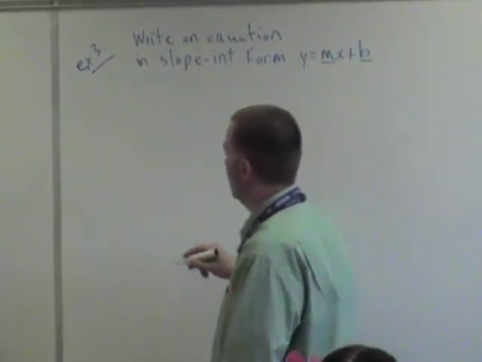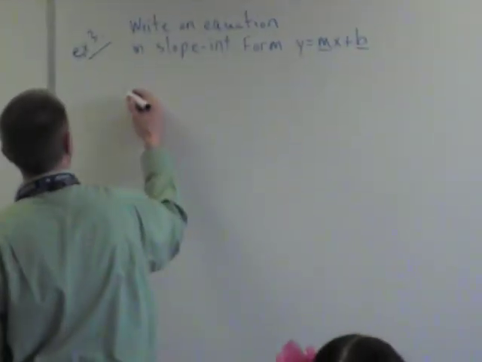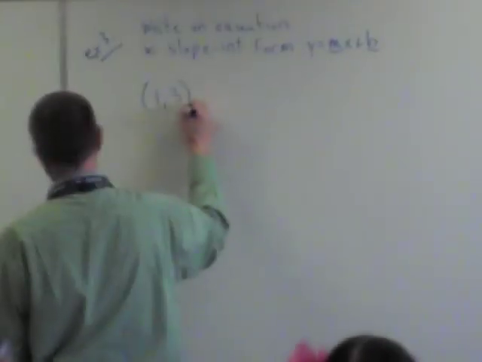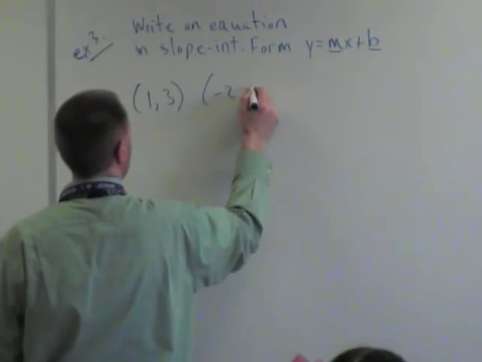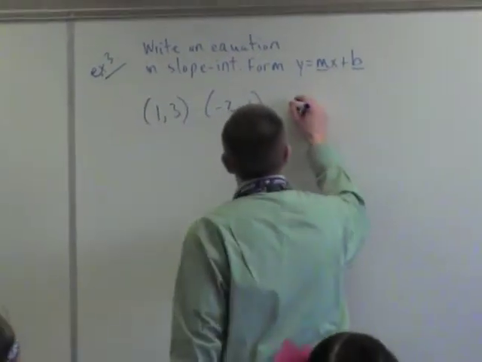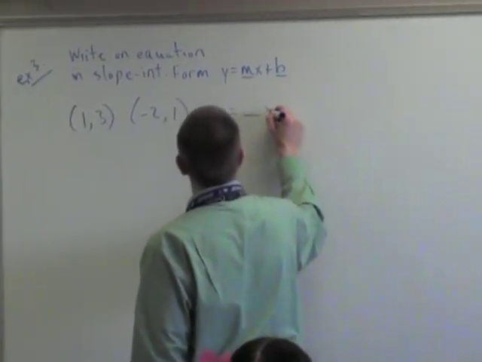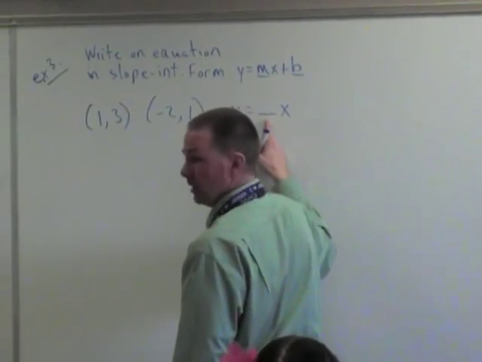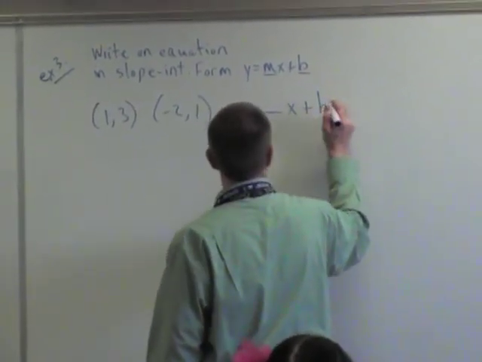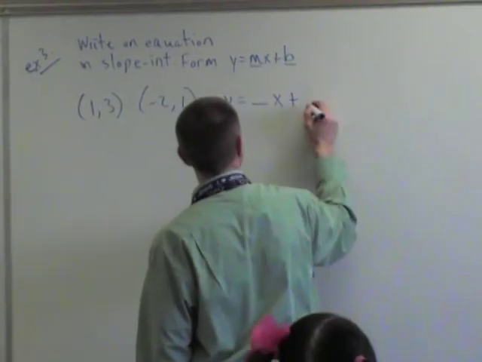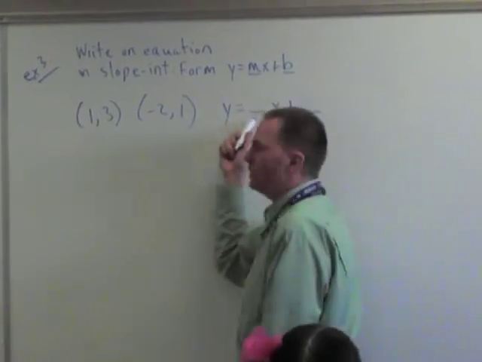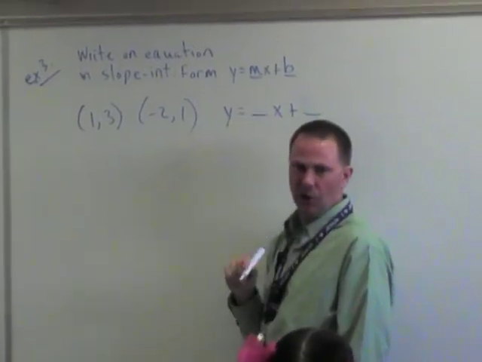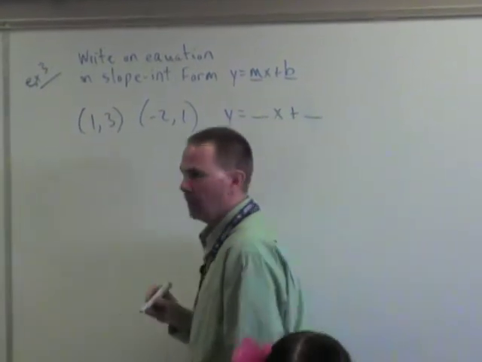So what we need to do in this example, I'm giving you two coordinates, (1, 3) and (-2, 1). To write in slope-intercept form, you need the slope, which you did yesterday or Friday, and you now need the intercept. So the first thing, let's find the slope. Everybody do that. That's what we did Friday.